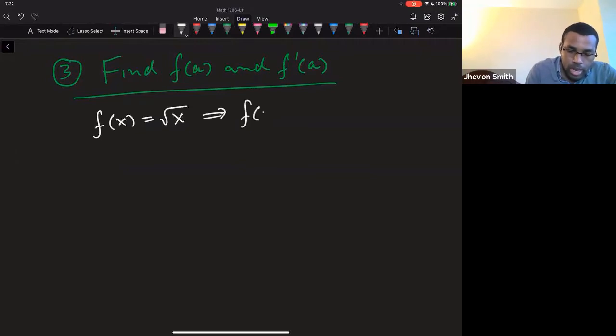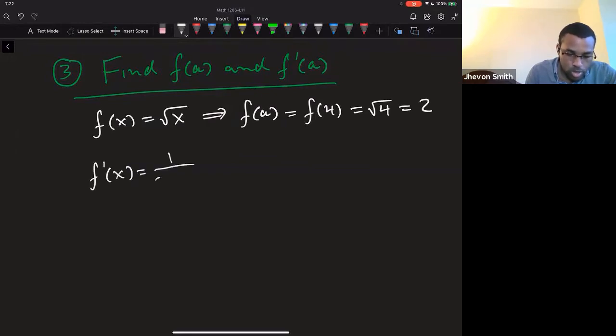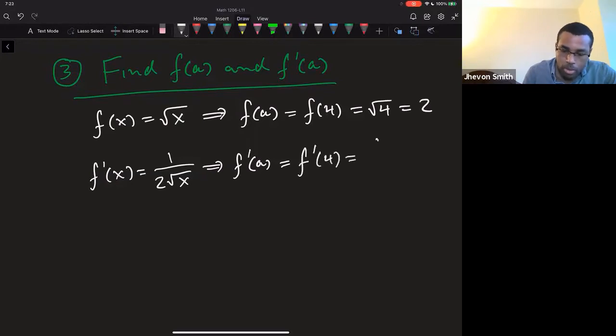This means that f of a equals f of 4, which is just the square root of 4, which is 2. F prime of x is 1 over 2 rad x. This means that f prime of a is f prime at 4, which is 1 over 2 rad 4. So that's a quarter.